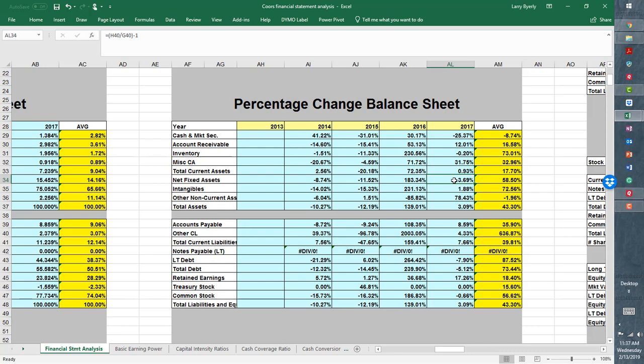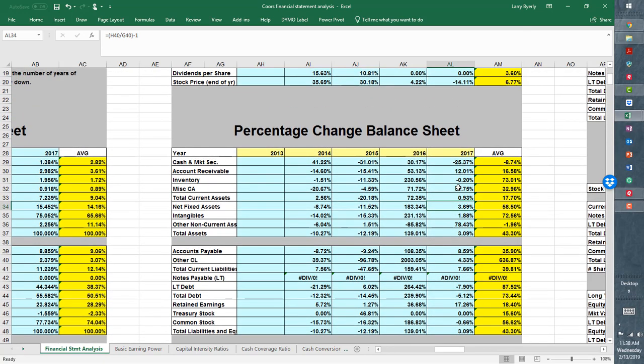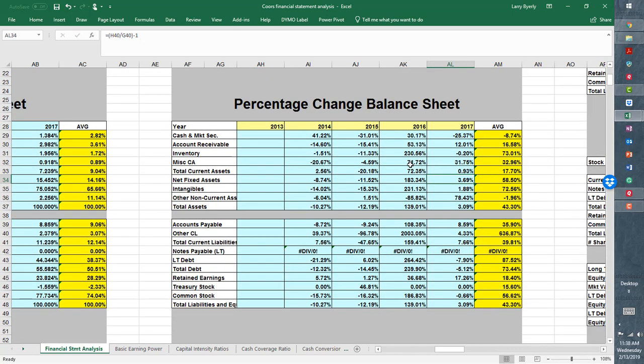So all of these things obviously connect. And in this case, percentage change in the balance sheet is still the most recent year divided by the year before that in a percentage format. So again, this is just what we refer to as common size statement analysis.